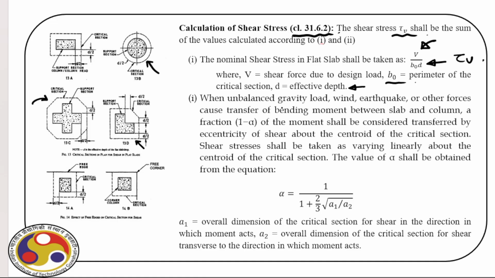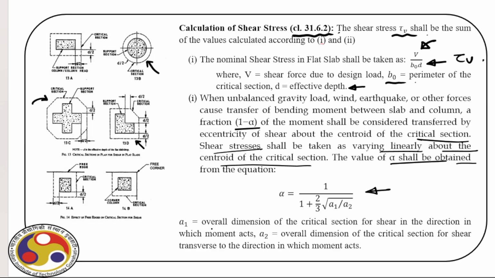So when unbalanced gravity load, wind, earthquake or other forces cause transfer of bending moment between slab and column, a fraction 1 minus alpha of the moment shall be considered transferred by eccentricity of shear about the centroid of the critical section. So shear stress shall be taken as varying linearly about the centroid of the critical section, and the value of alpha shall be obtained from the following expression.